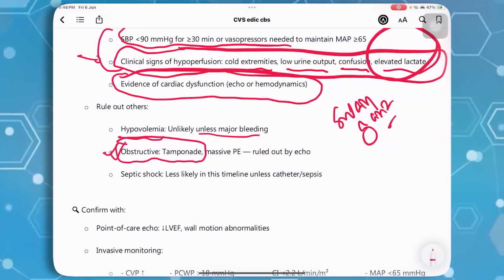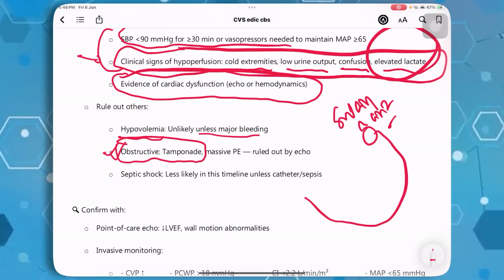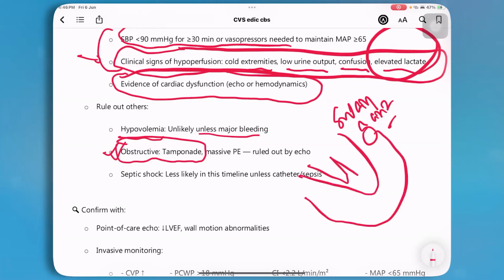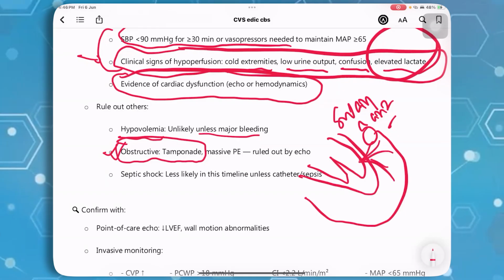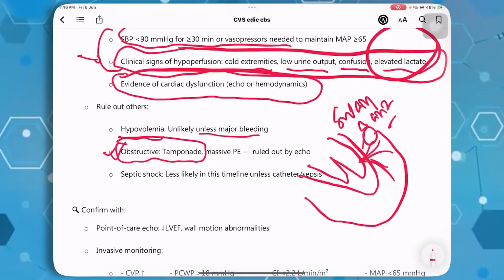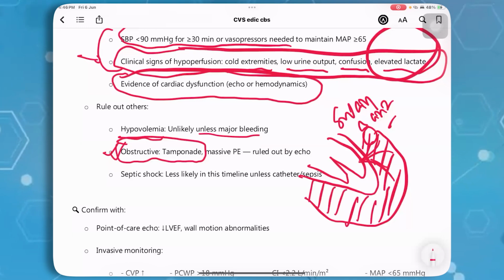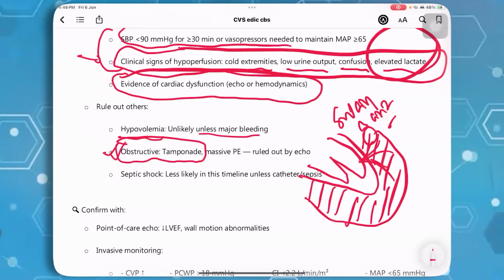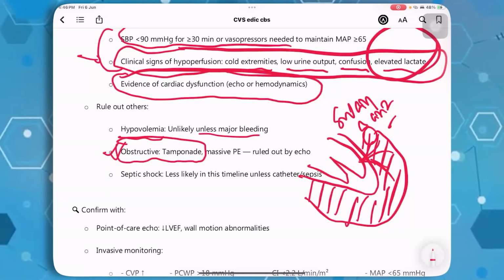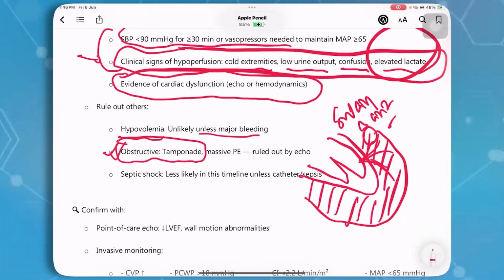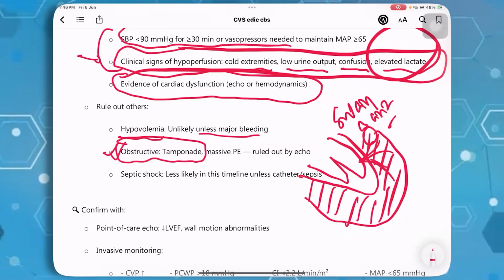So if that happens, then this is the pericardium, this is the heart, and there is bleeding from the left ventricle and it fills up the pericardium immediately, and this patient lands up in cardiac tamponade. Can anyone tell me what kind of triad is seen in patients with tamponade?